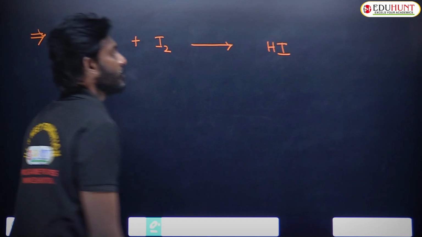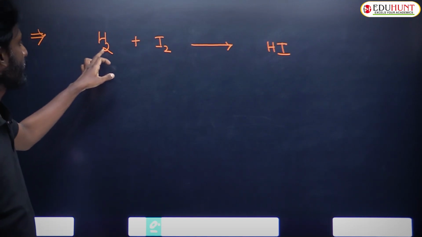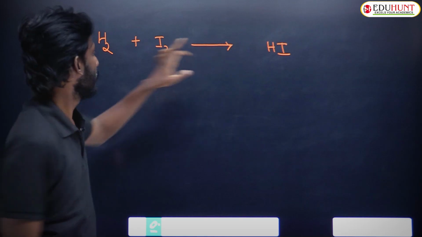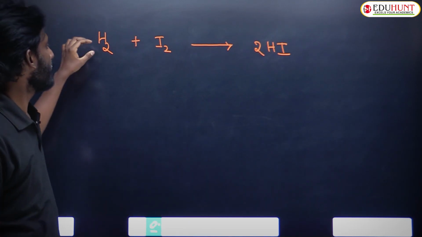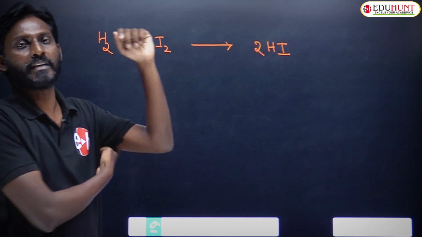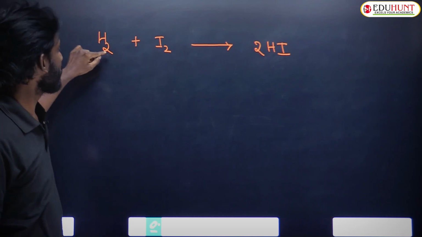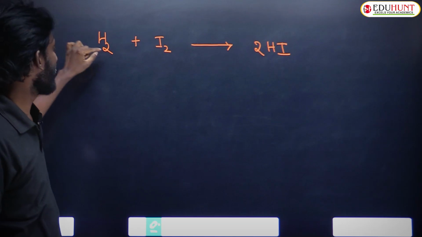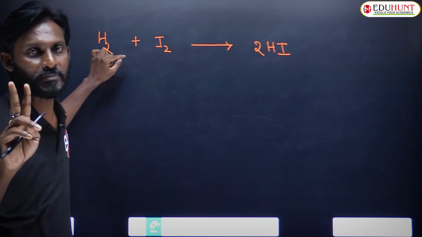So you know very well, first you need to balance it, right? Two hydrogen atoms are present, so I'll write 2 here. To balance the chemical reaction, what I did here: in the hydrogen molecule there is a subscript telling that in H2 there are 2 atoms.